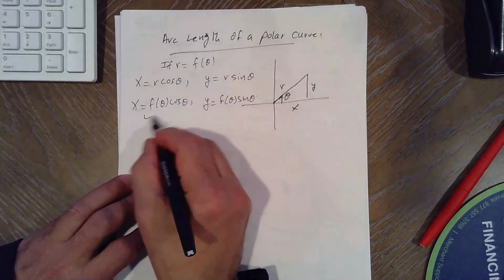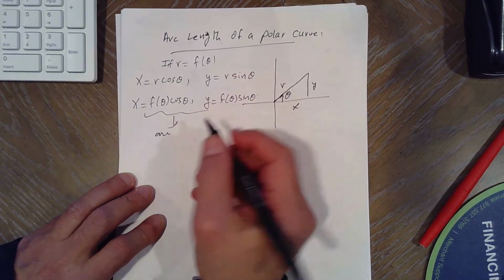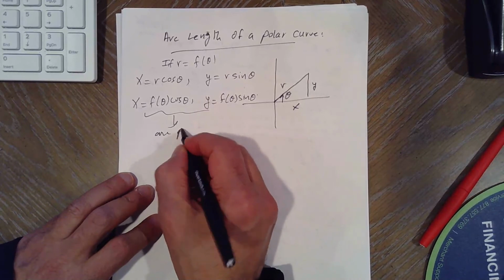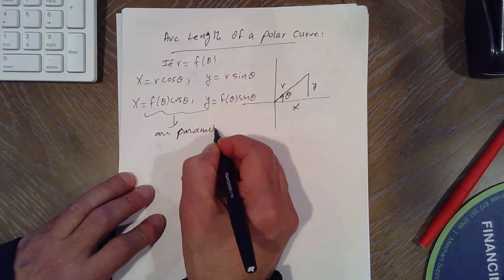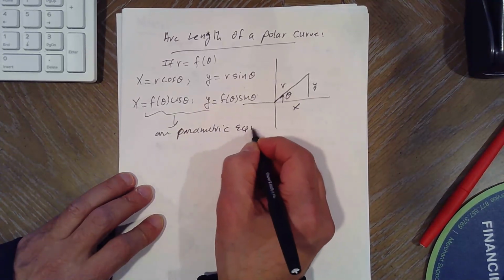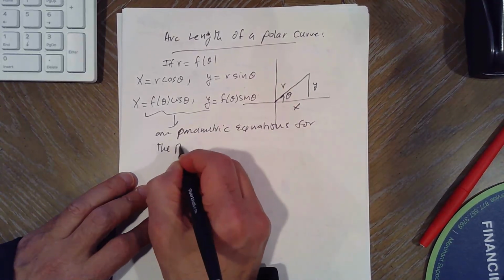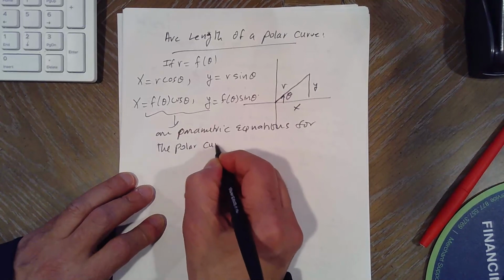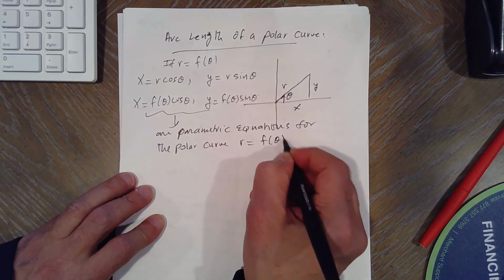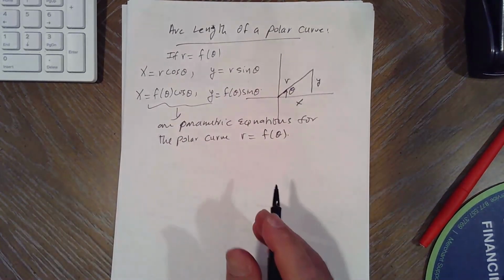And these are the parametric equations, if theta is the parameter, for the polar curve r equals f of theta, as long as theta is considered a parameter.